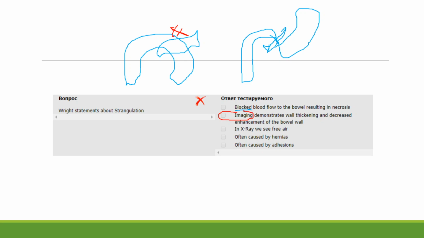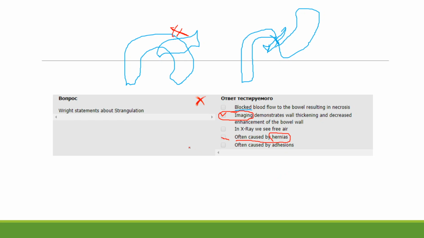I won't say that it is the right answer. And if we talk about hernias, we need to understand that it is not strangulation, it is another disease.